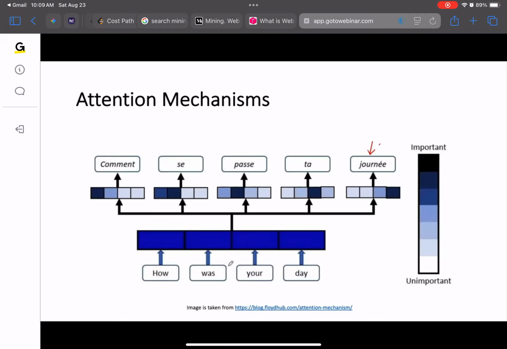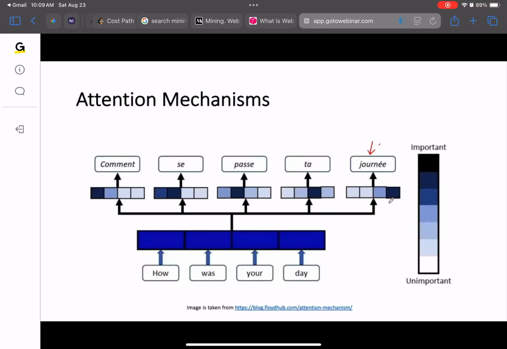So here we have 4 input words, and we'll have 4 scores. The scores need to sum up to 1, so it's like a probability distribution. These scores indicate the importance of the input words to generate the word journée, which corresponds to the word day in English.